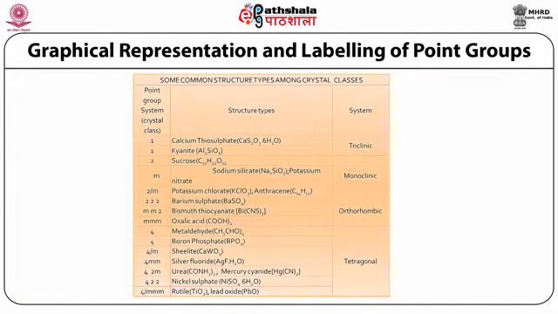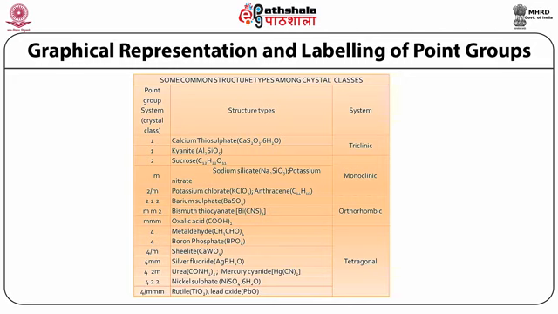Table 4.3 shows some common structure types among various crystal classes. It is divided into 3 columns. One column refers to the point group system, or we can also call it the crystal class. The second column refers to some structure types. And the third, the system to which these structures belong.